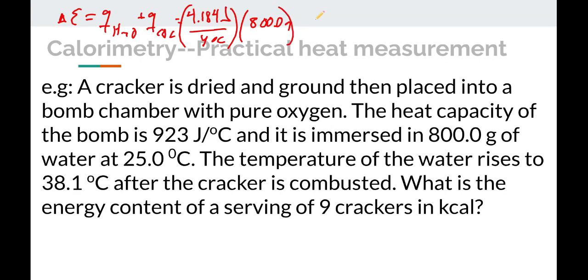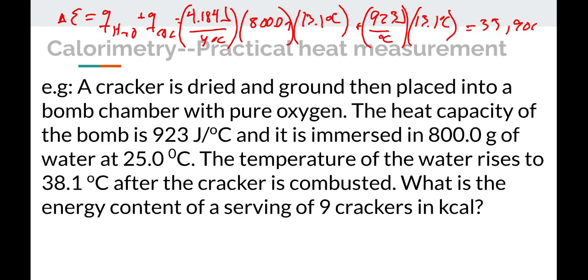It went up by 13.1 degrees C, because it went up from 25 to 38.1. And then the calorimeter had a heat capacity of 923 joules per degree C, and it also went up by 13.1 degrees C because everything's going to be in thermal equilibrium at the end. So that comes out to 35,900 joules that came out of the crackers. So that's the energy content of the crackers.